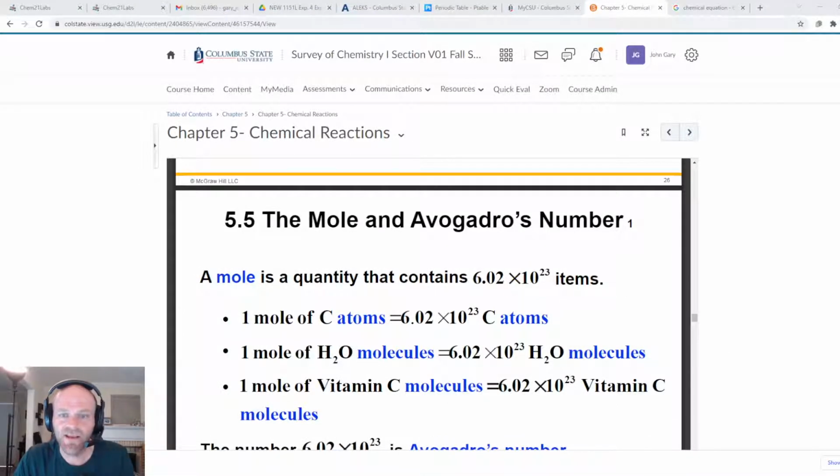Okay. Now, one way that is actually good for us, the way that the periodic table is set up, is that the atomic weight that you see on the periodic table is directly proportional to, or is, the molar mass, what we call the molar mass.